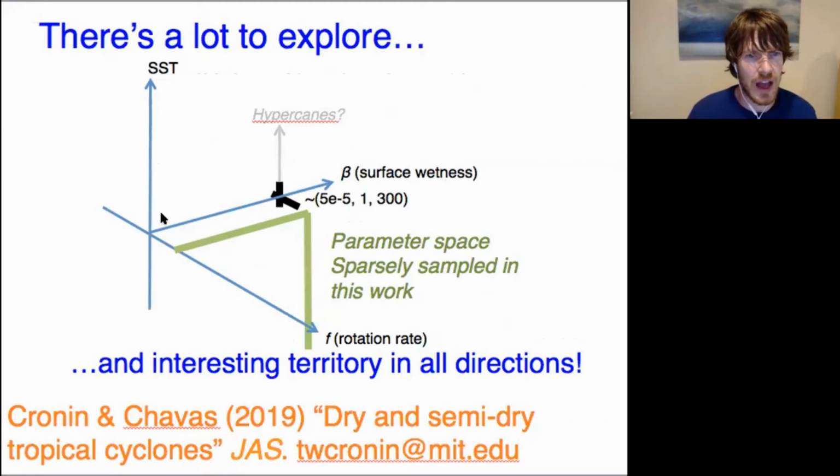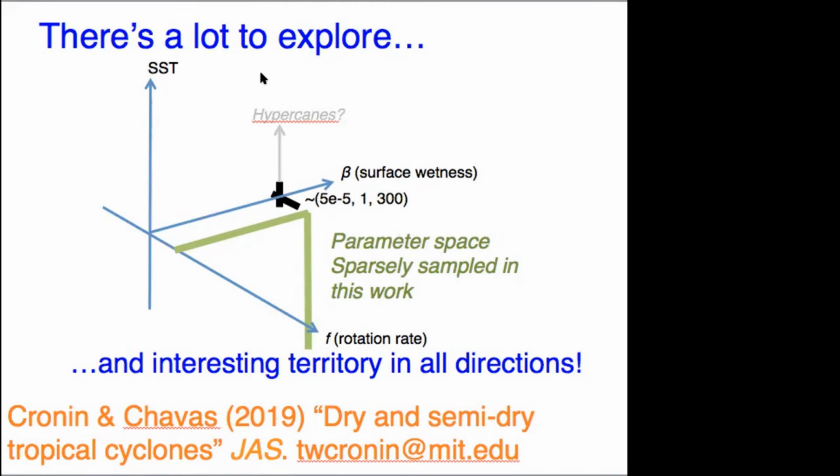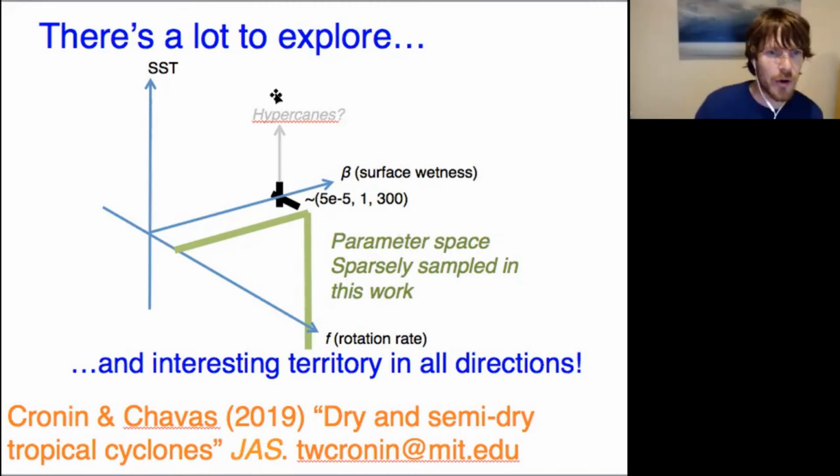What I've looked at, sampled sparsely in my work today, is these 2 green lines, one extending at somewhat higher rotation rate than we see in the real world from wet to dry, one extending down from near tropical surface temperatures to much colder, and then another that should be here extending upward to high rotation rates. Other work has suggested that there's a distinct hypercane instability at very high sea surface temperatures.